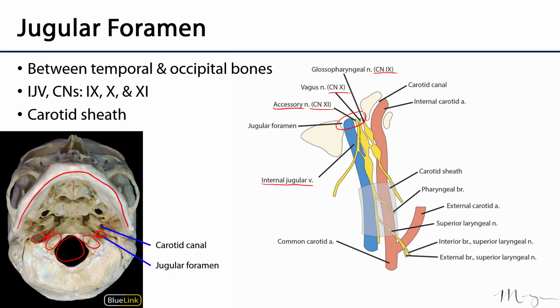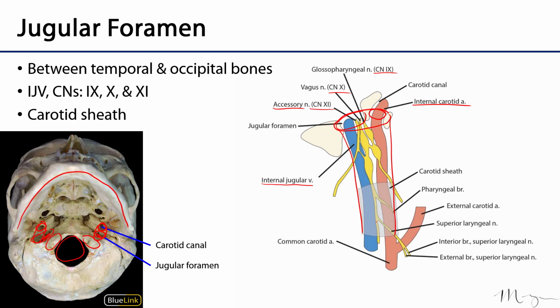And just anterior to these foramina are the entrances to the carotid canals. The carotid canals are where the internal carotid arteries enter into the skull. And if we look at the adjacency of these spaces, we can see that between these two openings, we have the thoroughfares for all of the structures being conducted within the carotid sheath.